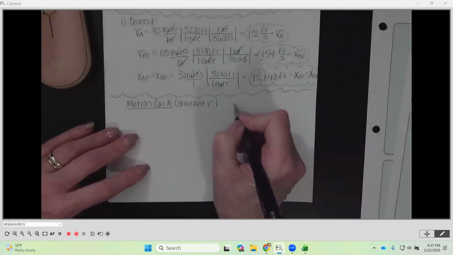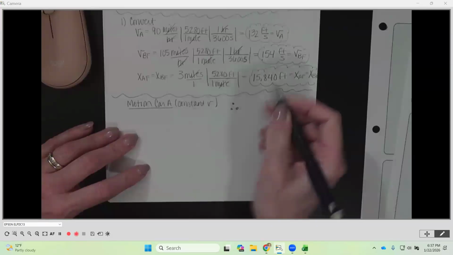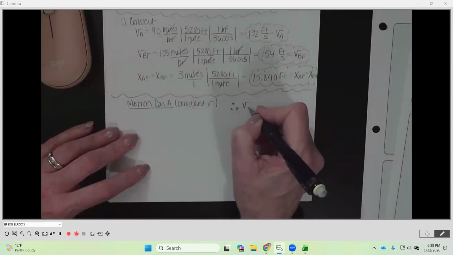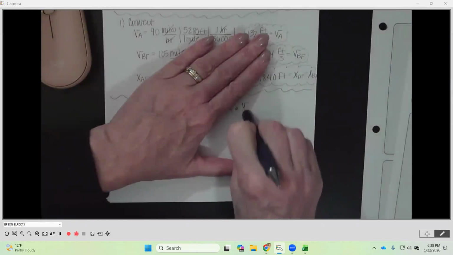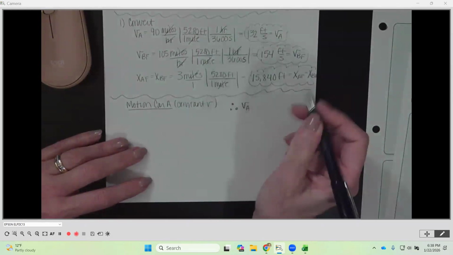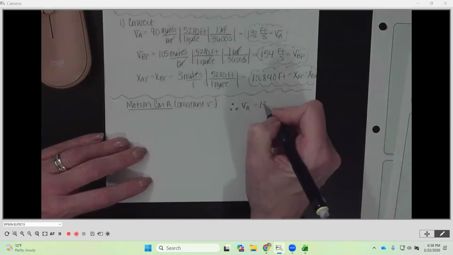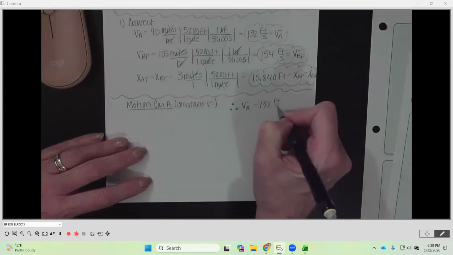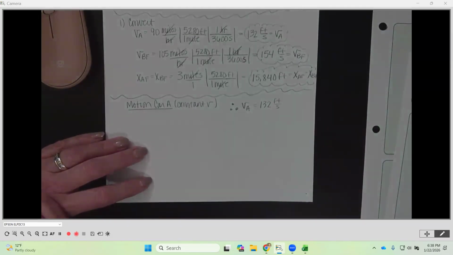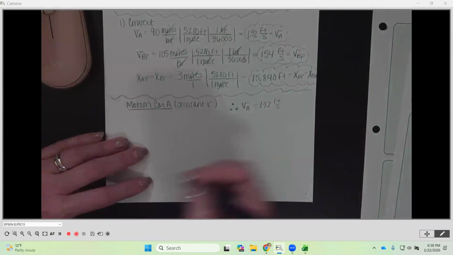So to define our motion, our velocity anywhere for A, I'm just going to call it velocity A. It's the initial, the final, the middle, it's all of them, it's going to be our 132 feet per second. So whenever it's referenced, that's what we're going to use.